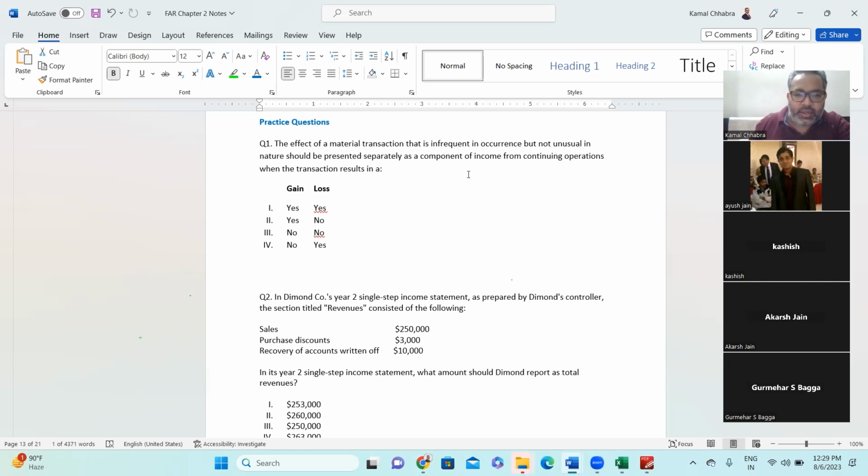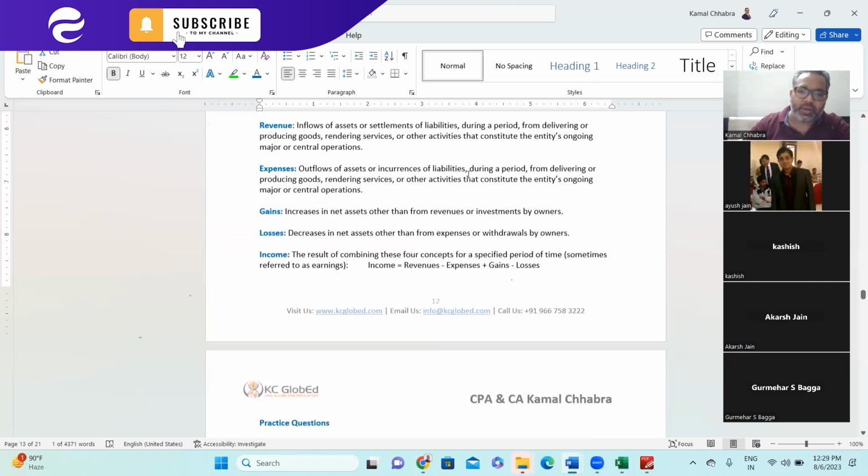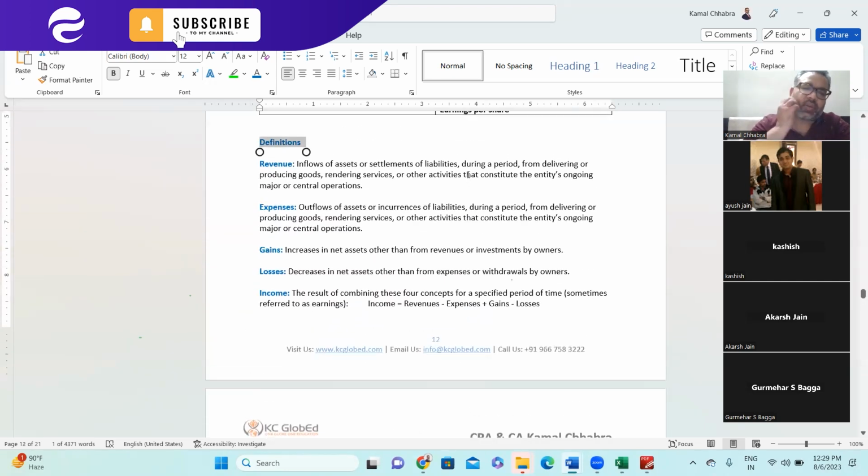It should be presented separately as a component of income from continuing operations. So you need to disclose that separately in your income statement when the transaction results in gain or loss or both or neither. Both. Sir, it will be both. Right. Sale of an asset will result in either a gain or a loss.